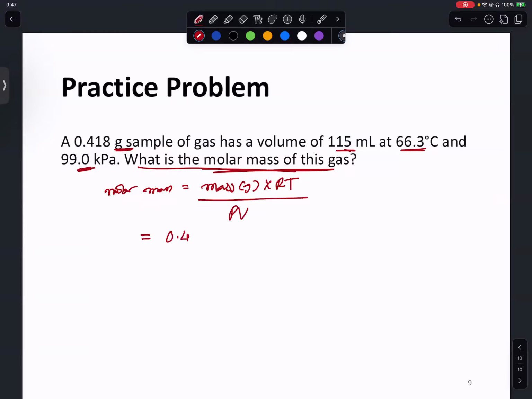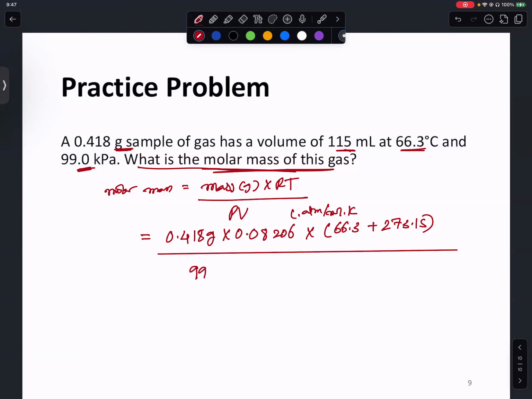Again, very simple, plug and chug, and times temperature 66.3 plus 273.15. Again, R is in liter atmosphere per mole K. Everything has to match, divided by, I'm going to convert the pressure to atmospheres to match the units for the gas constant, times volume, which is in milliliters, but I'm going to convert it to liters again because of the units.